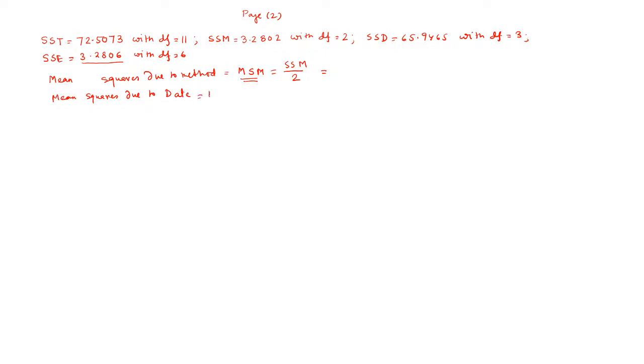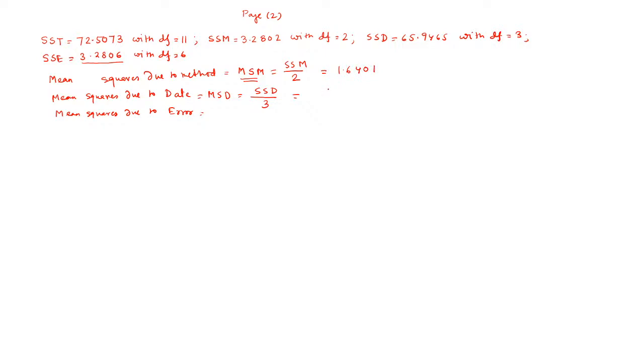Mean square due to date, MSD, is SSD by 3, and then mean square due to error, MSE. It is MSM, MSD, MSE, not double S, single S, mean square MS, S for squares. So this is equal to 1.6401.